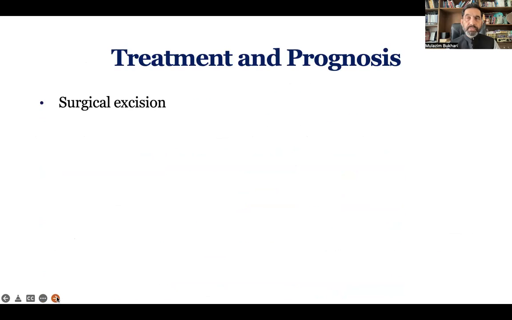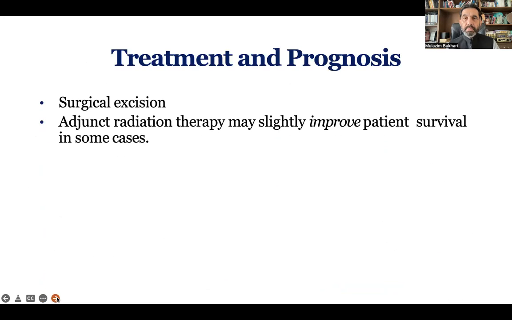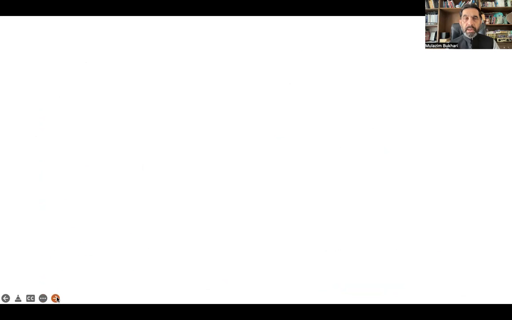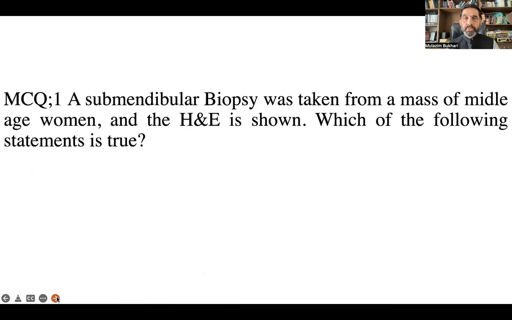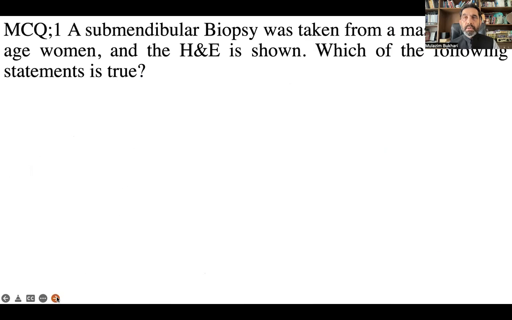Treatment is surgical excision, and chemotherapy and radiation can be given, but the prognosis is poor, especially when it is solid. Now MCQ questions.